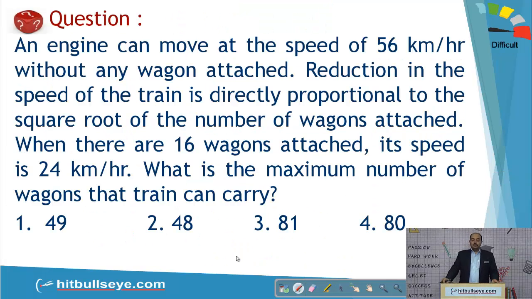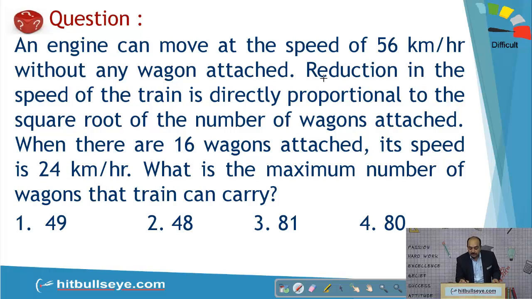An engine can move at a speed of 56 km per hour without any wagon attached. Reduction in the speed is directly proportional to the square root of the number of wagons attached. The information provided is, when there are 16 wagons, the speed is 24. What is the maximum number of wagons that the train can carry?